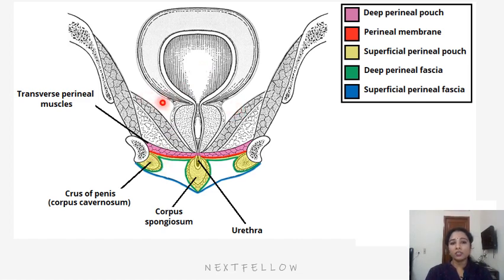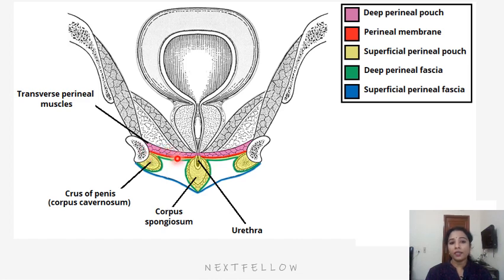This is the coronal section taken at the level of the urogenital region, the anterior part of the perineum, where we can see internally the urinary bladder, the prostatic part of the urethra, and the prostate. Here the pink colored muscle is in the deep perineal pouch, which contains the deep transverse perineal muscles, which form the urogenital diaphragm.